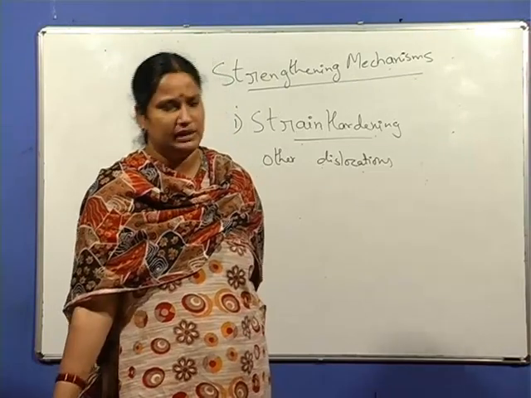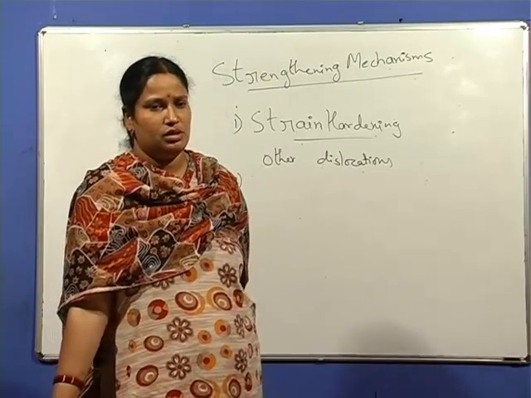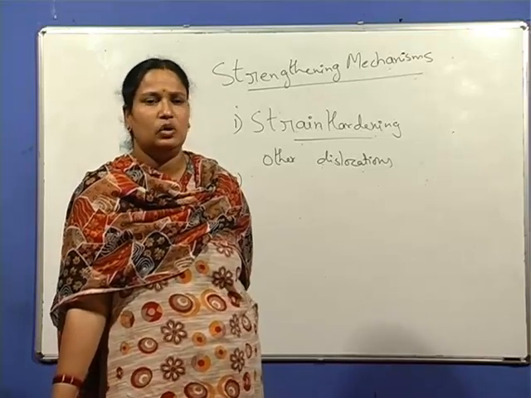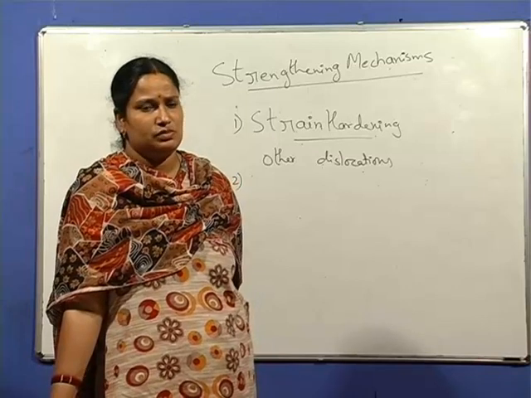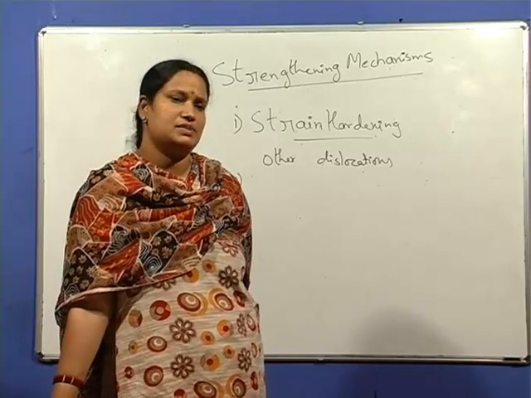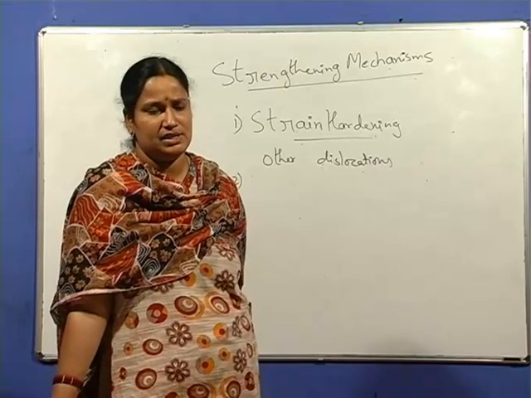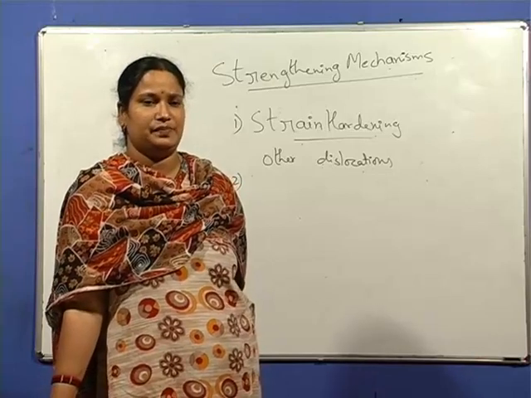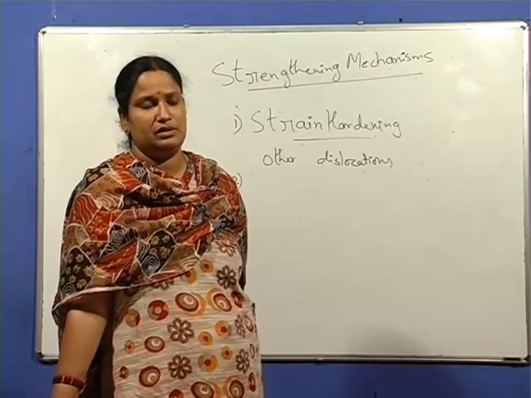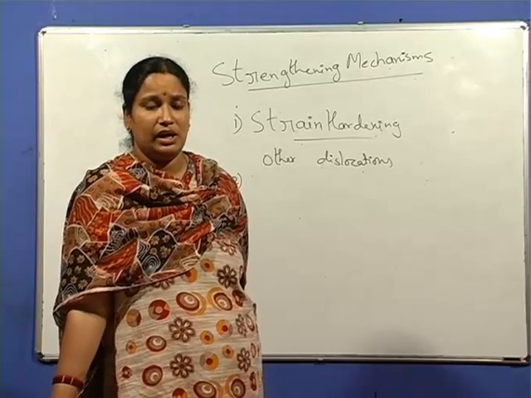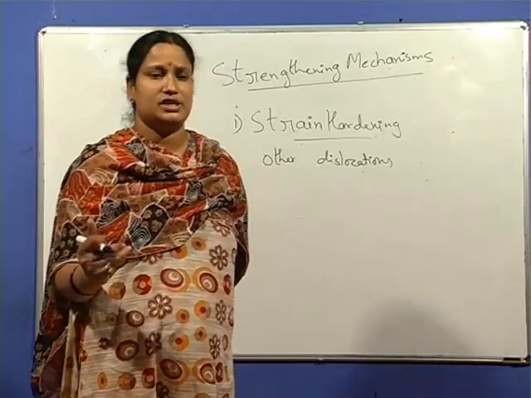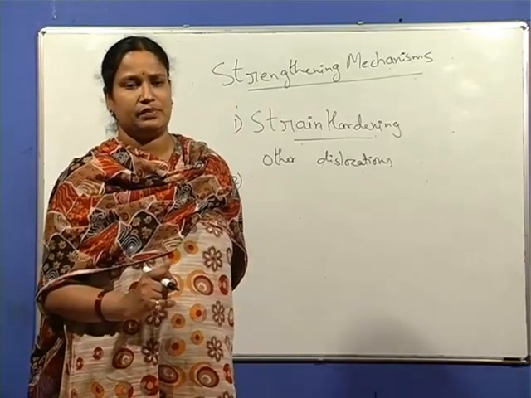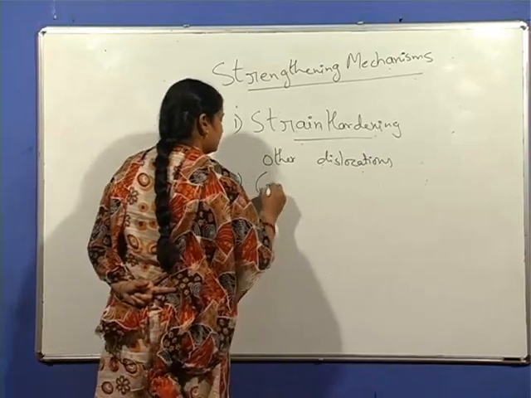These boundaries can be high angle grain boundaries, low angle grain boundaries, or sub boundaries, and all of them act as obstacles to dislocation motion. But among these, grain boundaries are not penetrable by moving dislocations. They offer more restraints for the moving dislocations. So, grain boundaries.